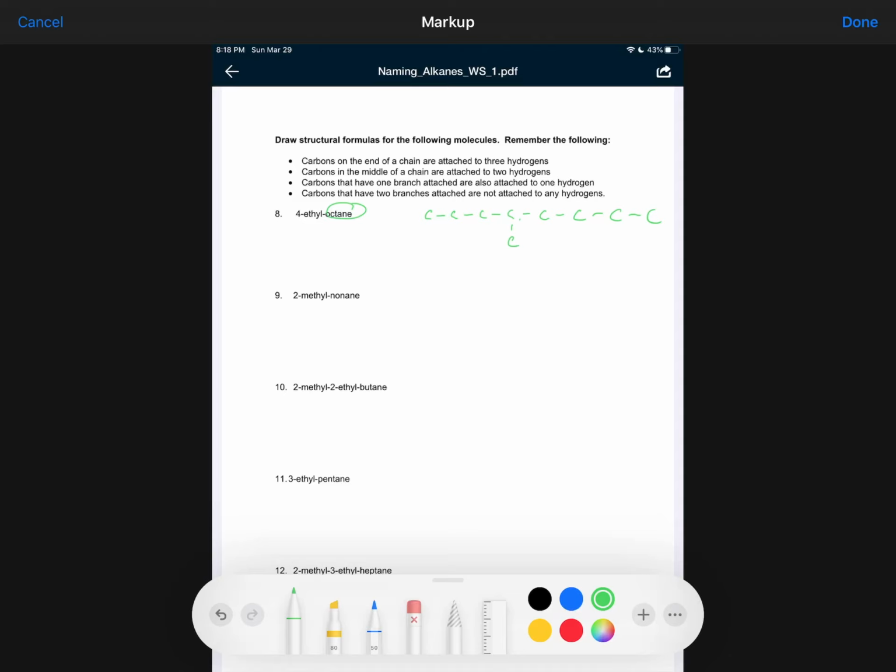So if you were drawing the condensed formula of this, we would have 3 hydrogens on the end carbon, 2 hydrogens there, 1 hydrogen there, 3 there, 2 hydrogens there, 2 there, 2 there, and 3 there.